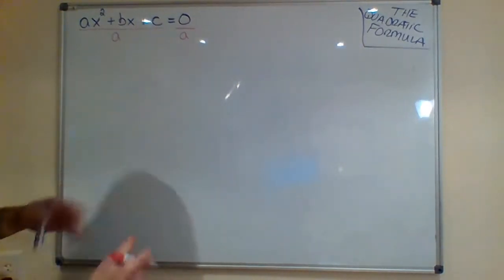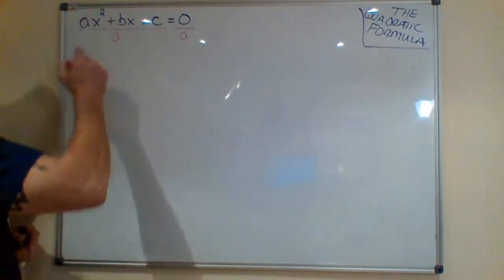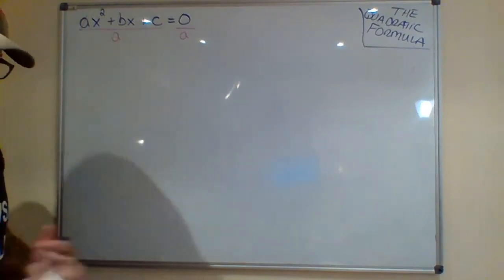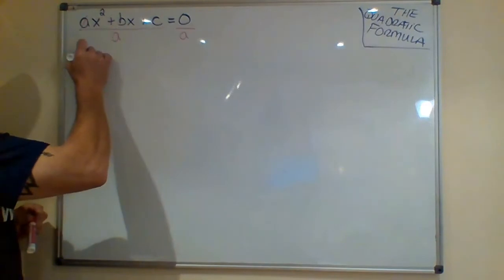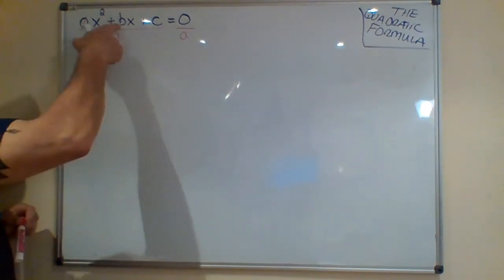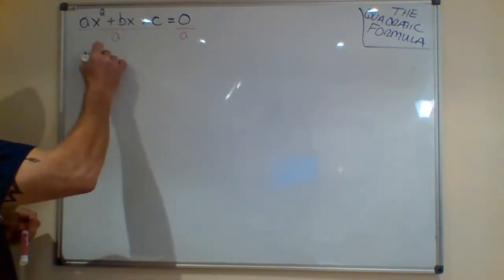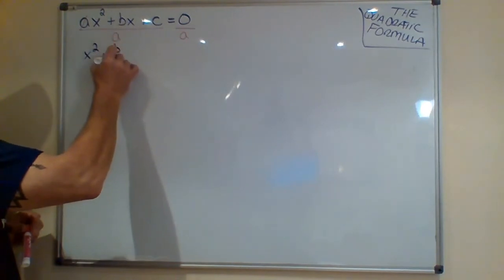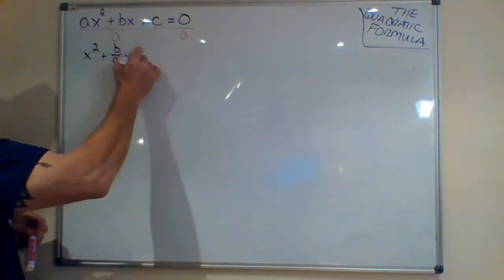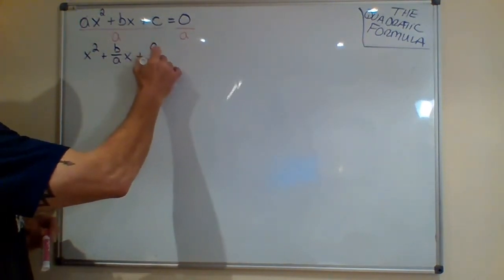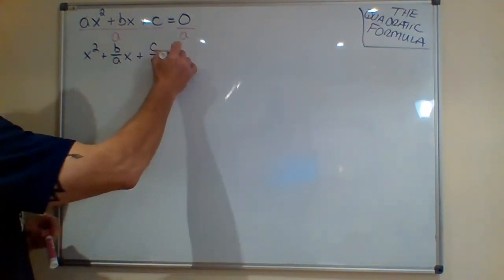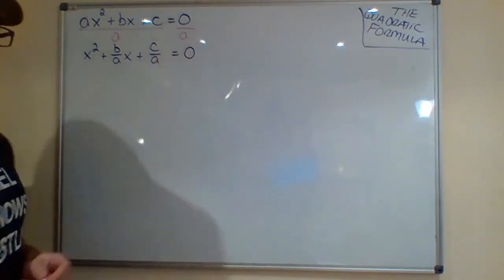When I do that, the a's here cancel out, and we're just left with x squared. When I do bx divided by a, we write that as b over a x. When I take c divided by a, that becomes c over a. And of course, 0 divided by a is just 0.